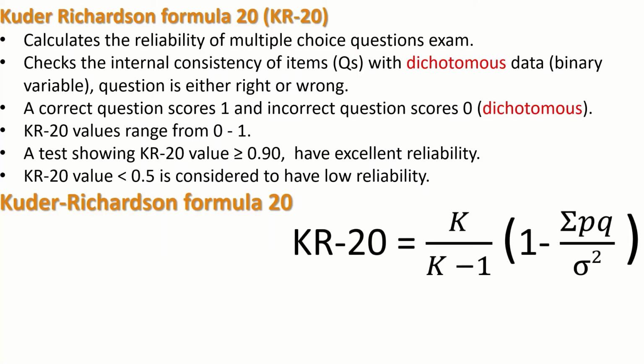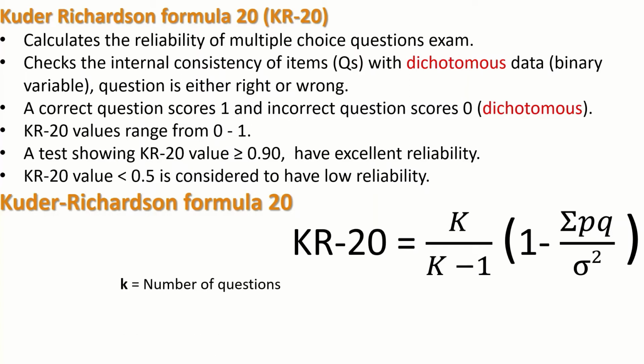Kuder-Richardson Formula 20 was published by Kuder and Richardson, and the KR20 is equal to K divided by K minus 1, multiplied by 1 minus the summation of P multiplied by Q divided by the variance.